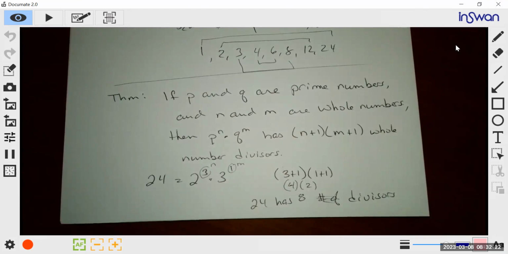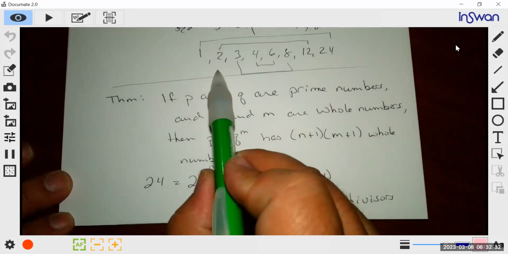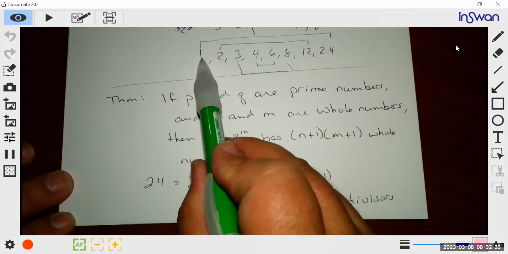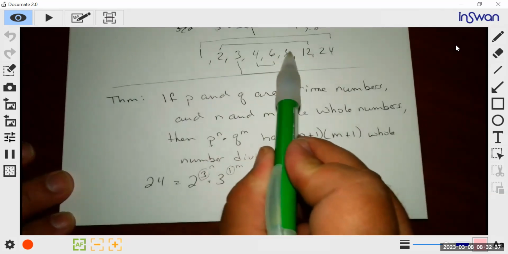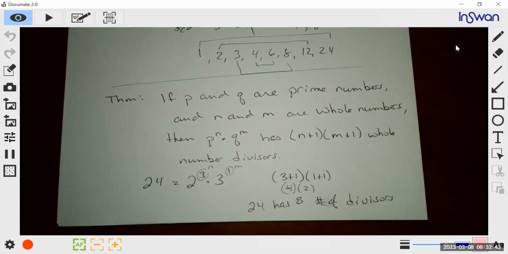I was going to say one way, but then I changed it because the number 24 has 8 unique divisors. And we proved it already up here. 1, 2, 3, 4, 5, 6, 7, 8. That's what it tells us. So we know how many we're going to have. That's what that theorem tells us.